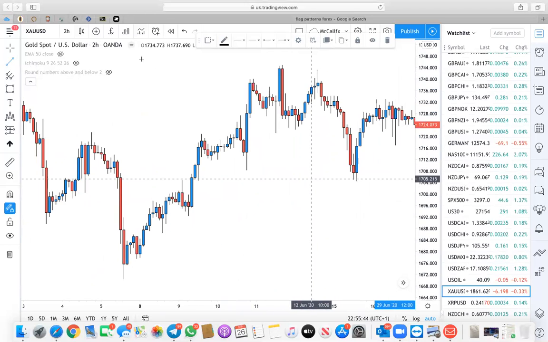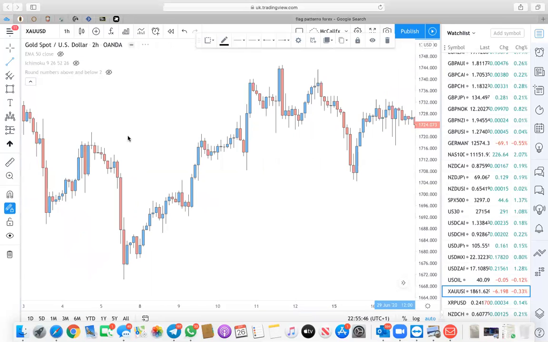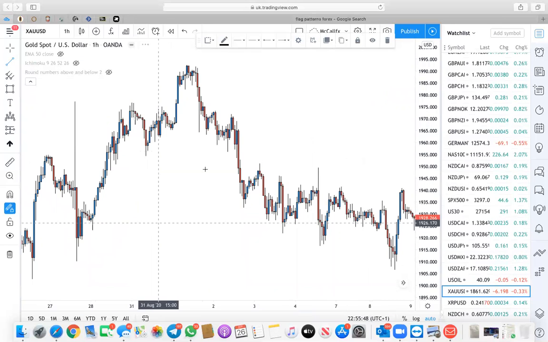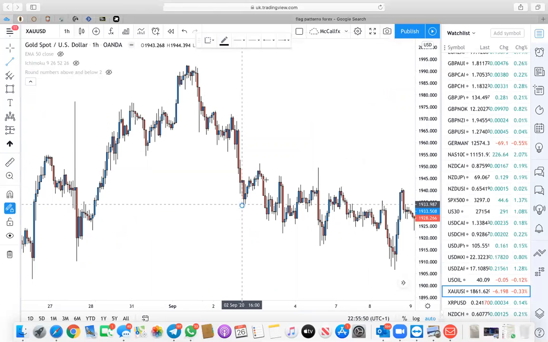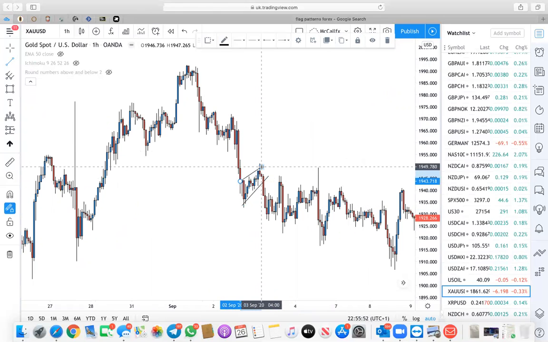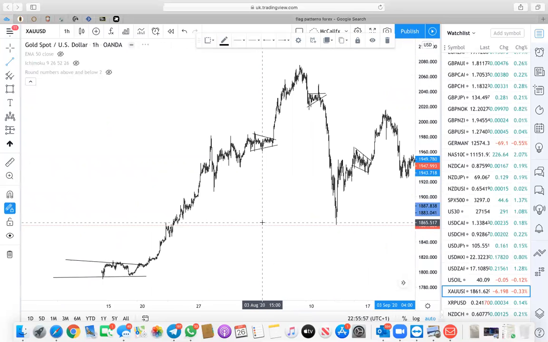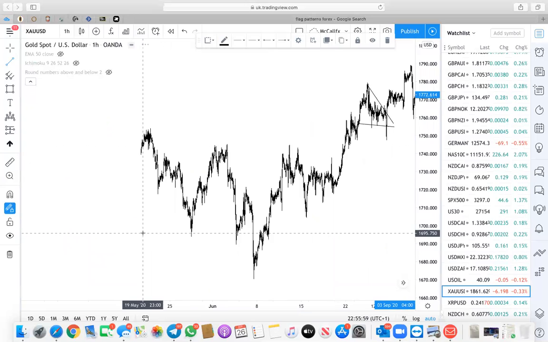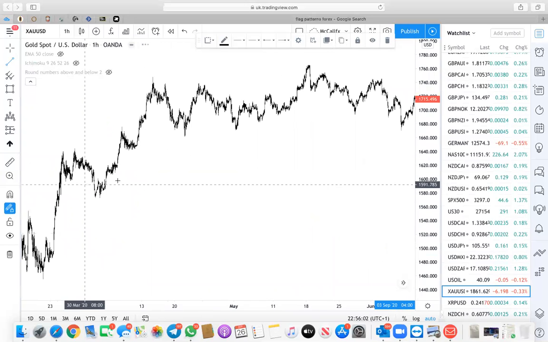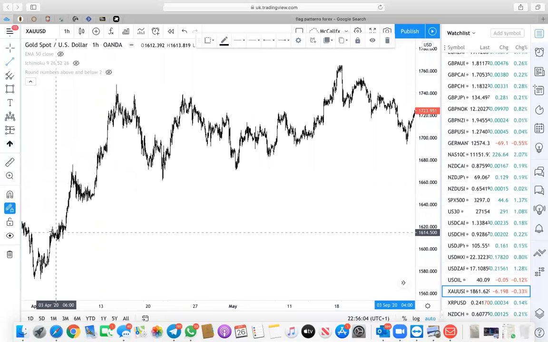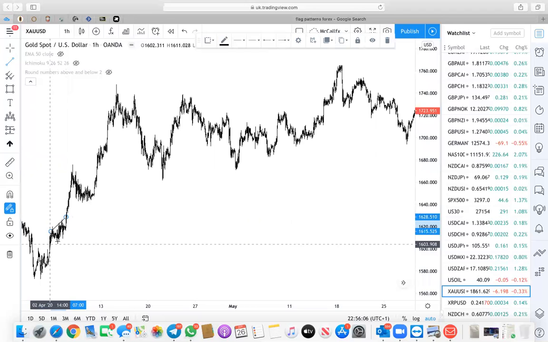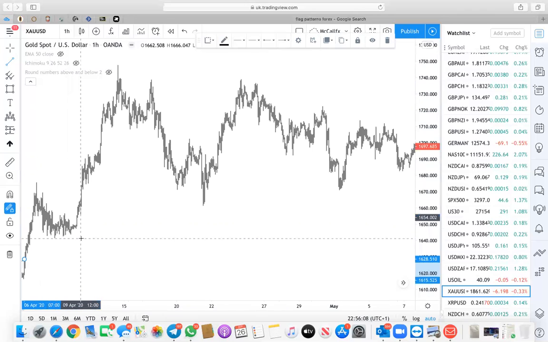You could extend this, take this to a lower time frame, find your entries, right? Price was coming down, saw this brief consolidation, price went down. Price was going up, saw this brief consolidation.